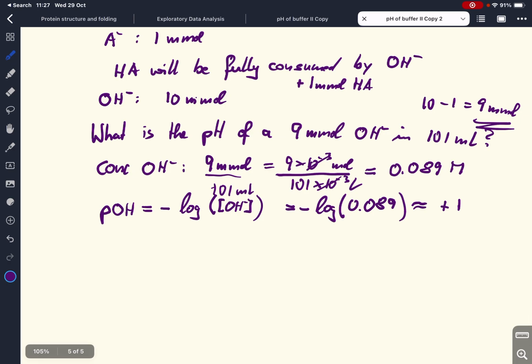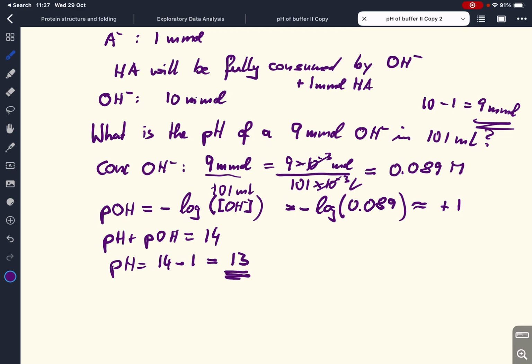Now we can convert the pOH into the pH, because we know that pH plus pOH equals 14. So the pH equals 14 minus 1, and the pH equals 13.